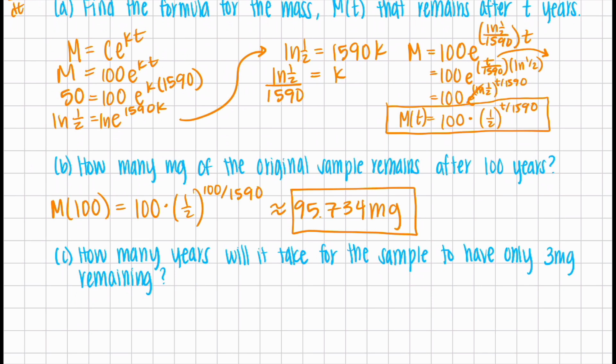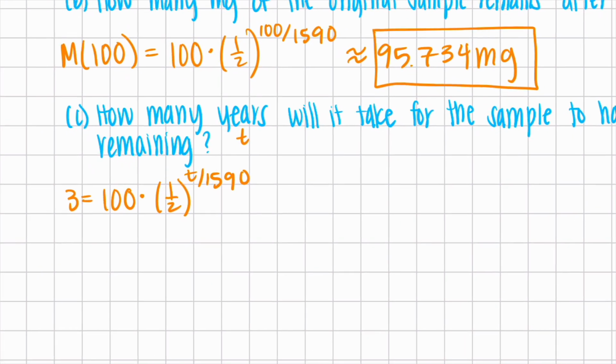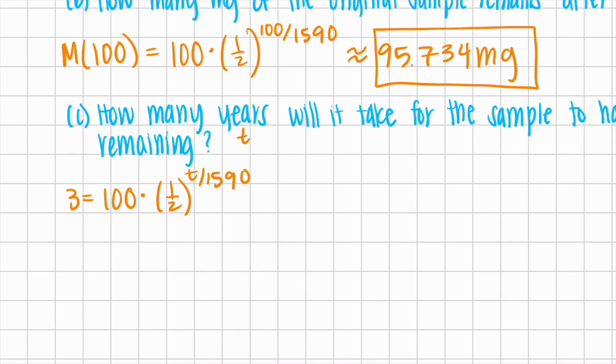Letter C, how many years will it take for the sample to have only 3 milligrams remaining? So 3 is going to be an m, and I'm going to solve for t. So we're going to say 3 equals 100 times 1/2 raised to the t over 1590, and solve for t. So I'm going to start by dividing by 100.